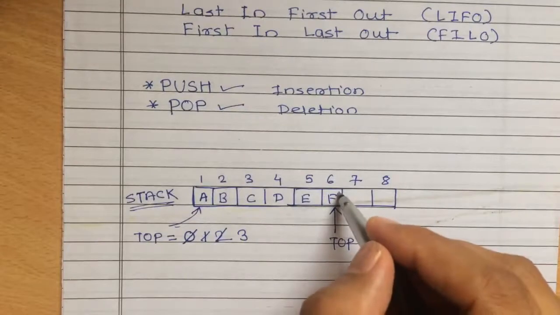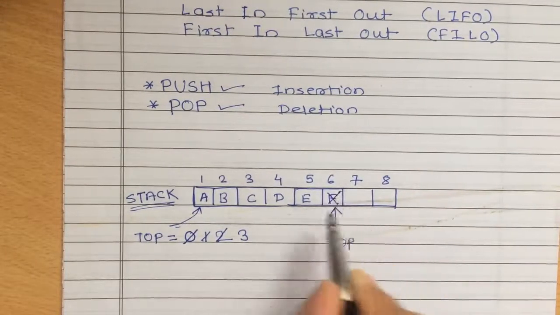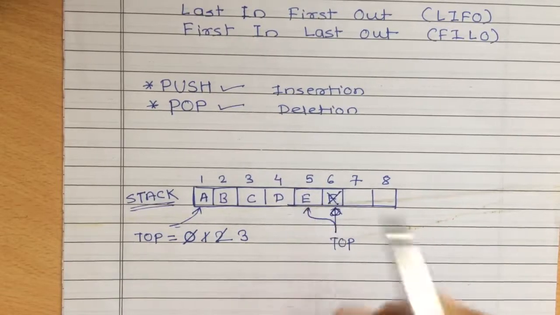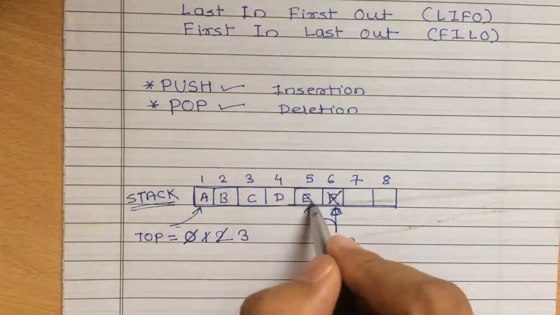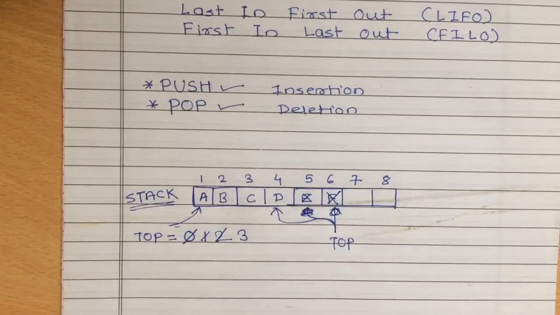Lastly I inserted F, so I will remove F first, and as I remove F, the value of top will decrease. Top will point to the 5th location. If I remove E, then top will point to the 4th location.